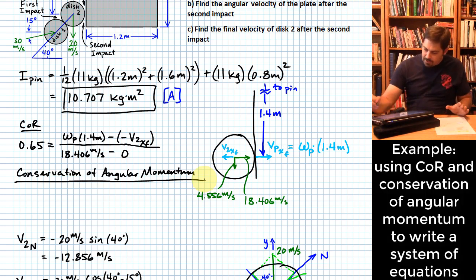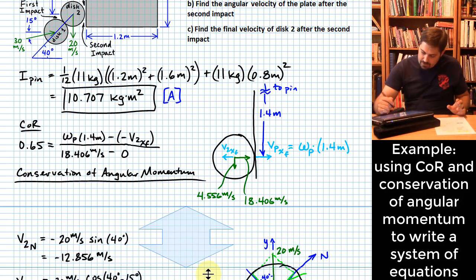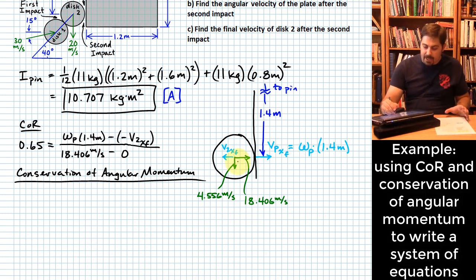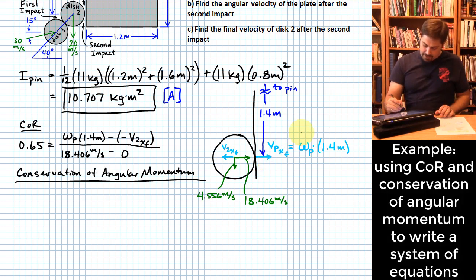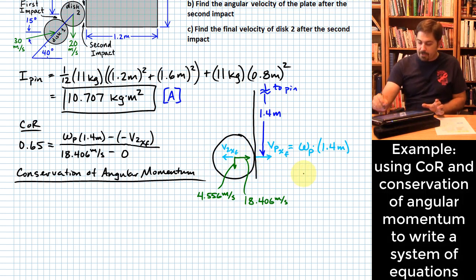The concept I want to use is that the loss of angular momentum that happens with the disk that comes in and hits here is the amount of gain of angular momentum of the other part, the little rectangle that's hanging down there, or I guess we're actually viewing it from above. So it's not hanging down, but that rectangle is going to pick up angular speed, which it picks up angular momentum when it does that. Anyway, the loss of angular momentum of the disk that hits it is the gain of angular momentum of that rectangle. Okay, well, here's what that looks like.